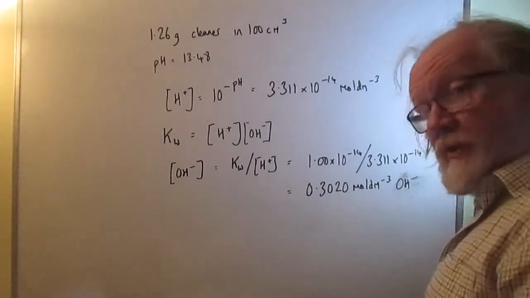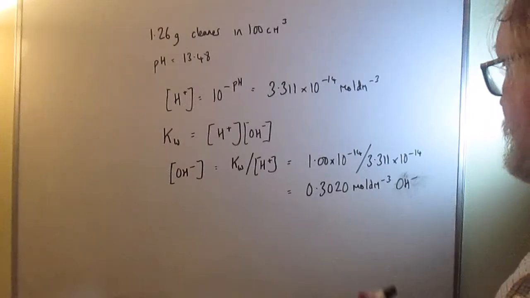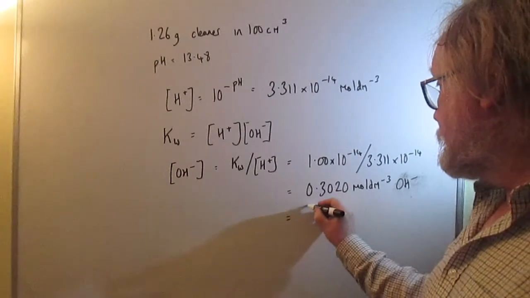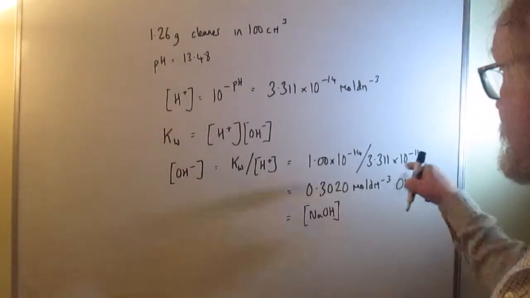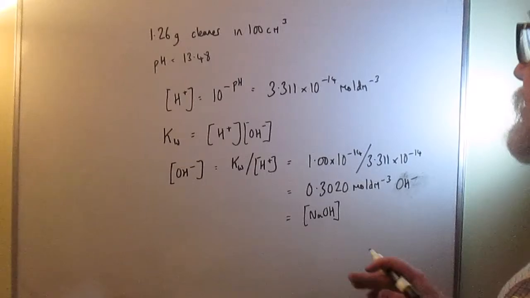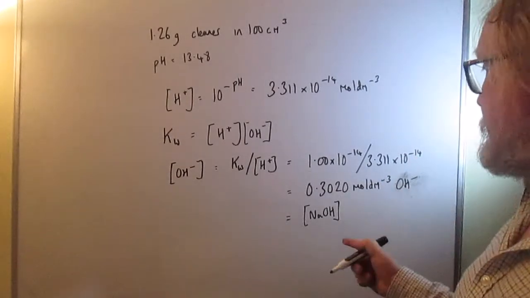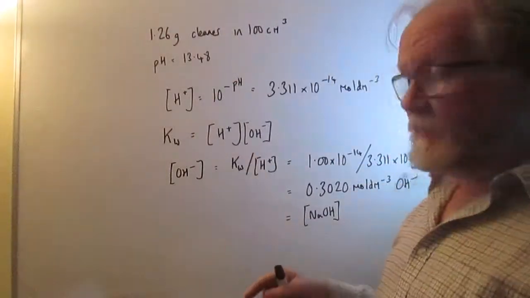But remember that sodium hydroxide is a strong base, it's completely ionized, so if that's the concentration of OH minus, that's also the concentration of NaOH, because each mole of NaOH provides a mole of OH minus. So we know the concentration of NaOH, and we can turn that into moles, because if we know the moles, we can find the mass and therefore get the percentage mass.